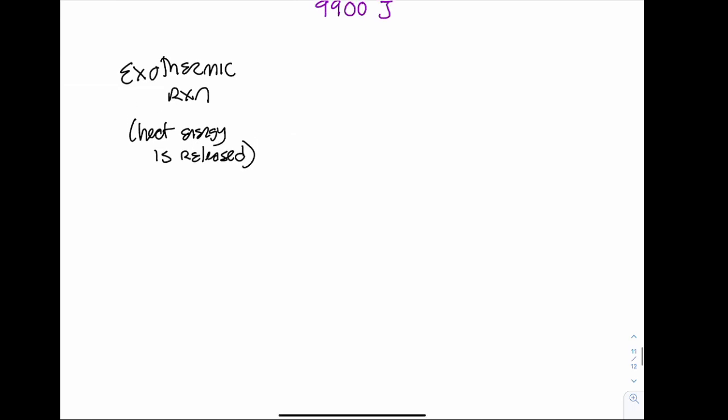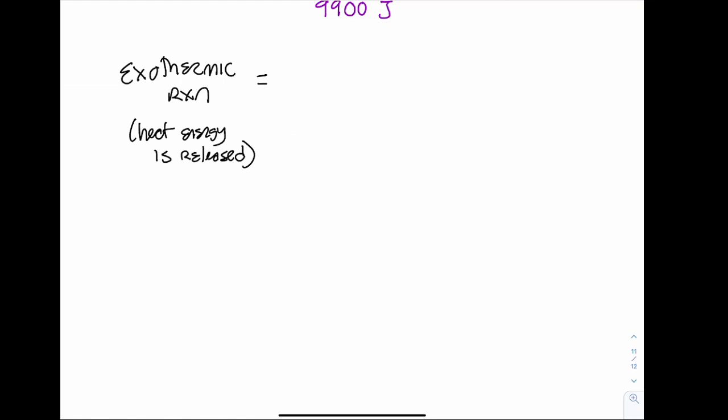And remember, total energy is conserved, so any heat released by my system is going to be gained by my surroundings. And in this case, my surroundings is both my calorimeter. It can absorb heat. Expensive, nice ones absorb minimal heat. Coffee cups are going to absorb some heat. And then my solution is also going to gain heat energy. Remember, my surroundings is both the solution that my substance is in and the container that it's in.